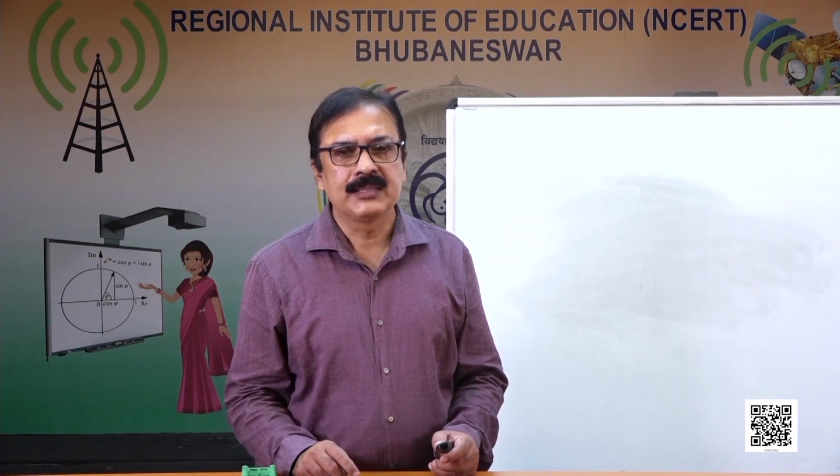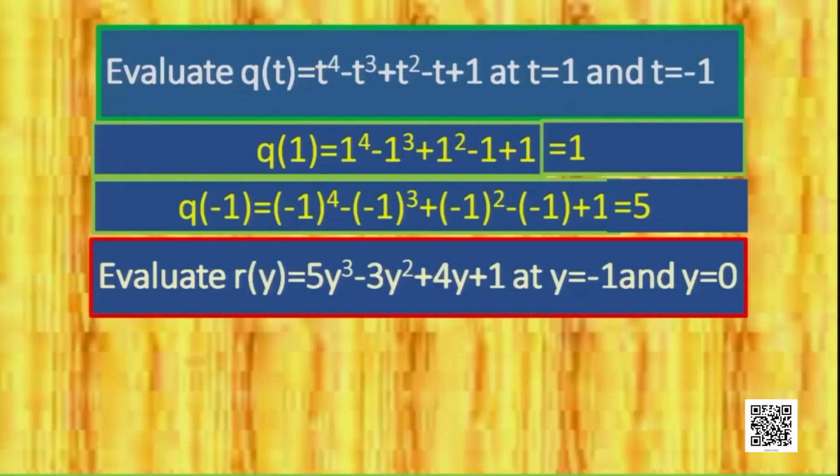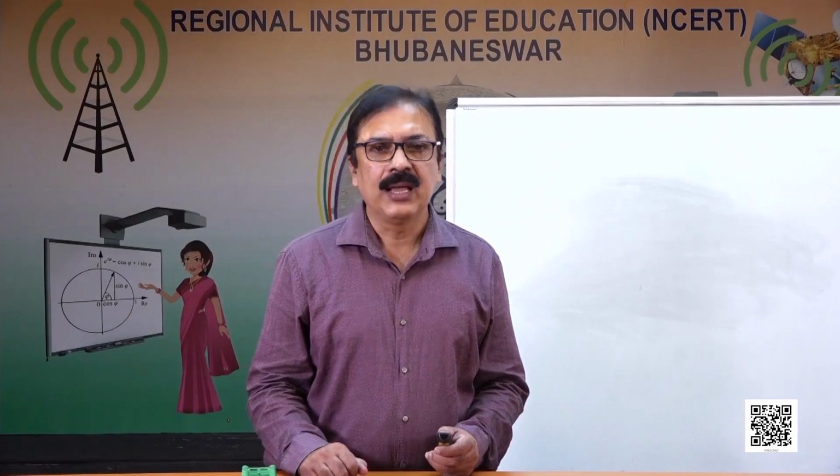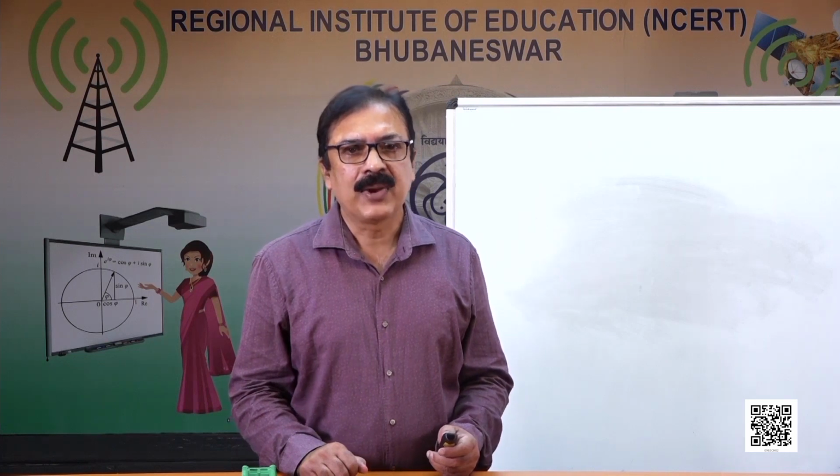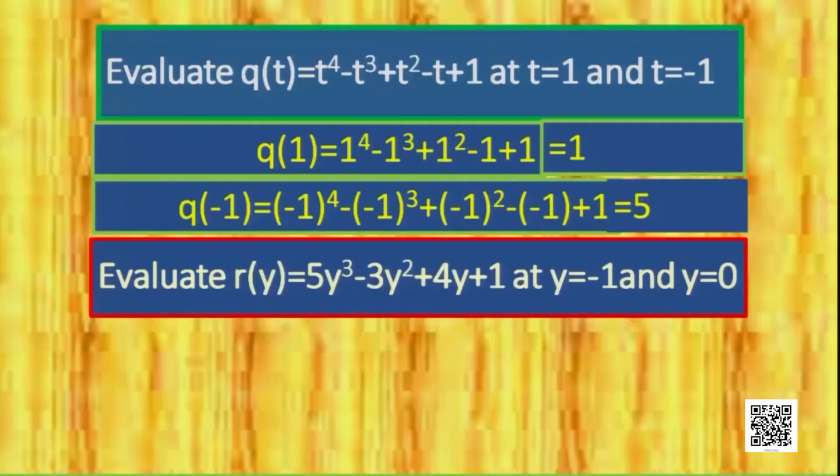The example is r(y) is equal to 5y to the power 3 minus 3y square plus 4y plus 1 at y is equal to minus 1 and y equal to 0. We have to evaluate this polynomial. Now you see here the polynomial is expressed as r(y).